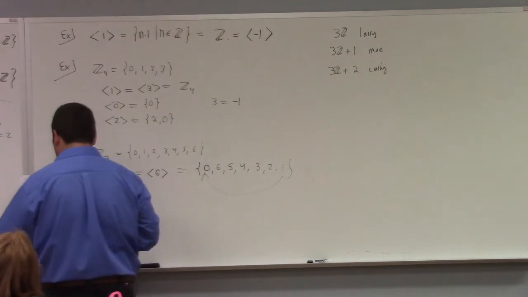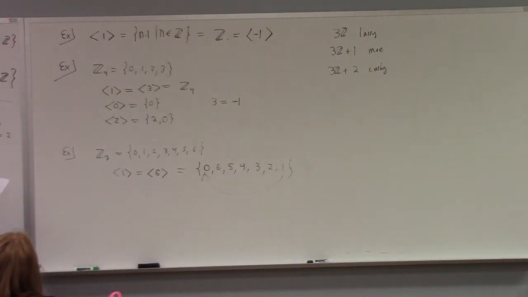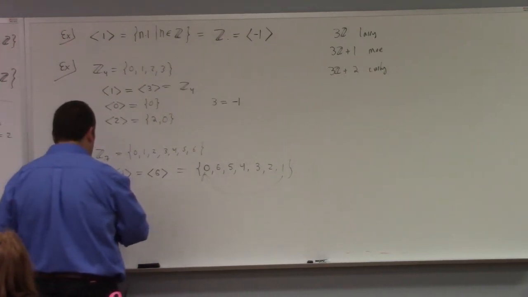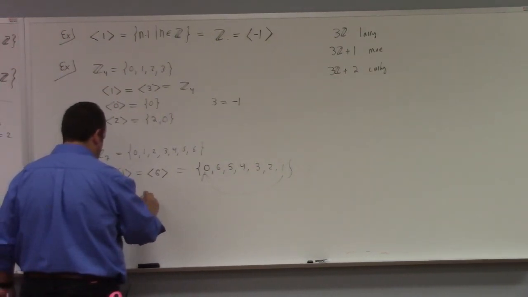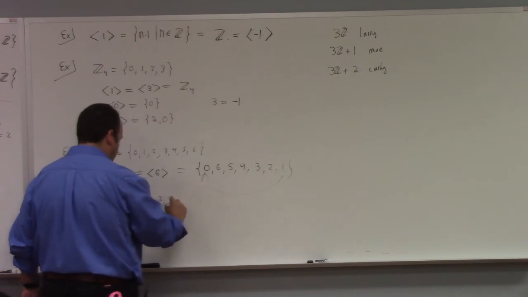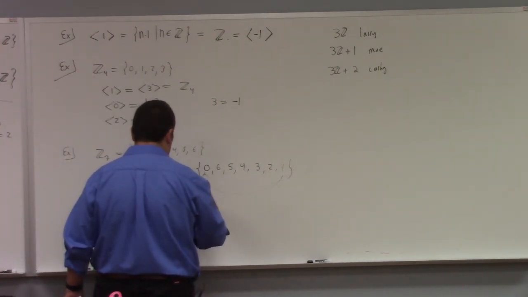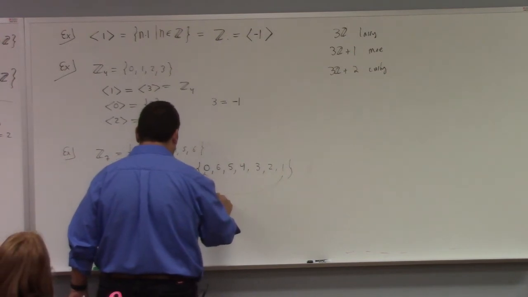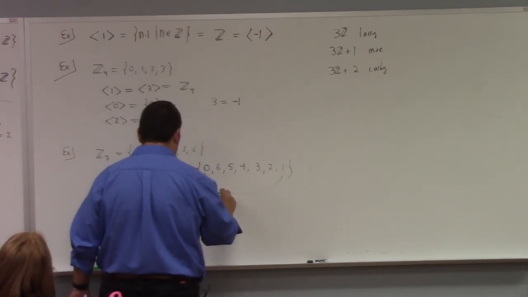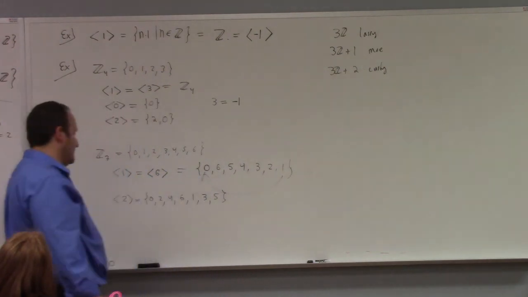Do you guys think of anything else that generates Z7? 2? 0, 2, 4, 6, 8, which is 1, and then 3, 5. What do you know? There you go. 2 also generates Z7.